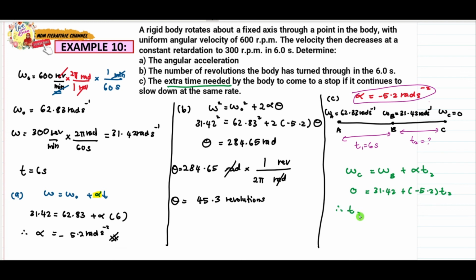Okay, so finally T2 you akan dapat nilainya adalah equal to 6 second. So maknanya the rigid body need extra 6 seconds okay, from B to C so that it will stop at point C. Okay, so extra time needed. Okay, T2 is equal to 6 second.